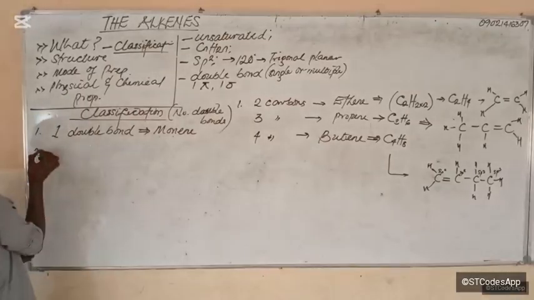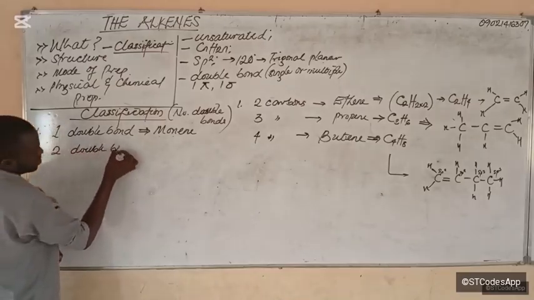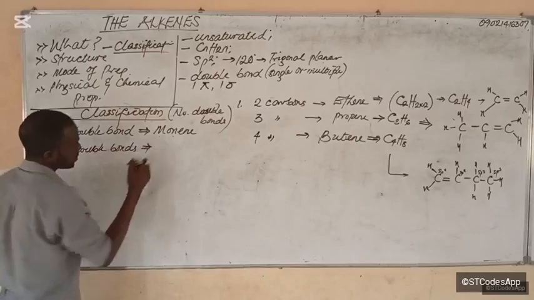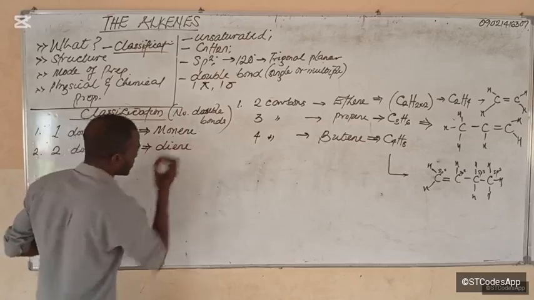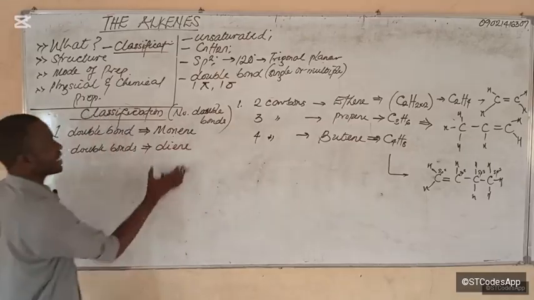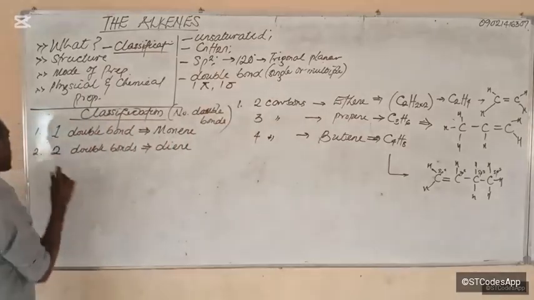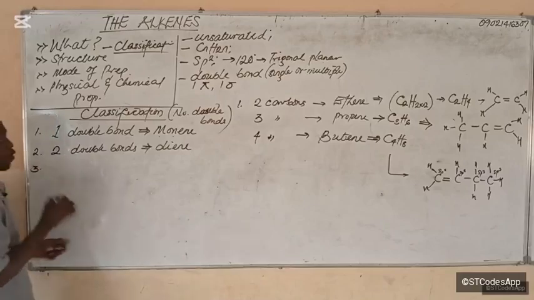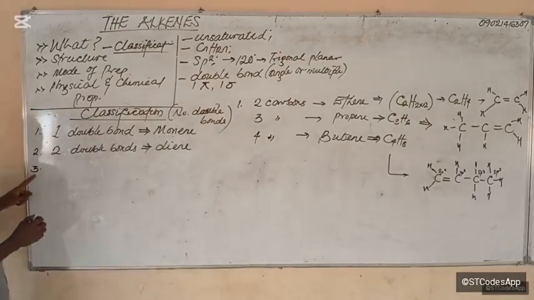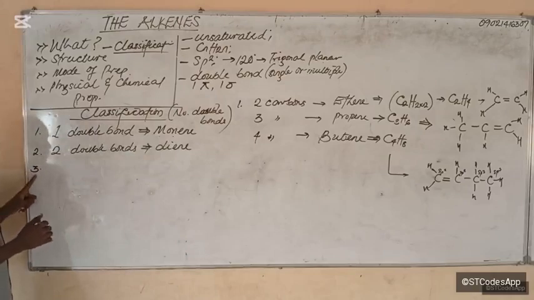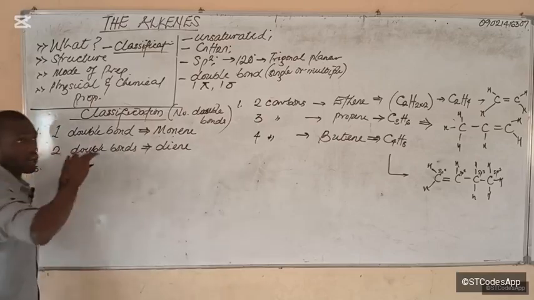All right. If it has two double bonds, then our alkene is going to be called a diene. Now this diene is further divided into other types. I'm going to tell you how, because of the arrangement of the double bonds in them. For greater than diene, we begin to have other divisions.